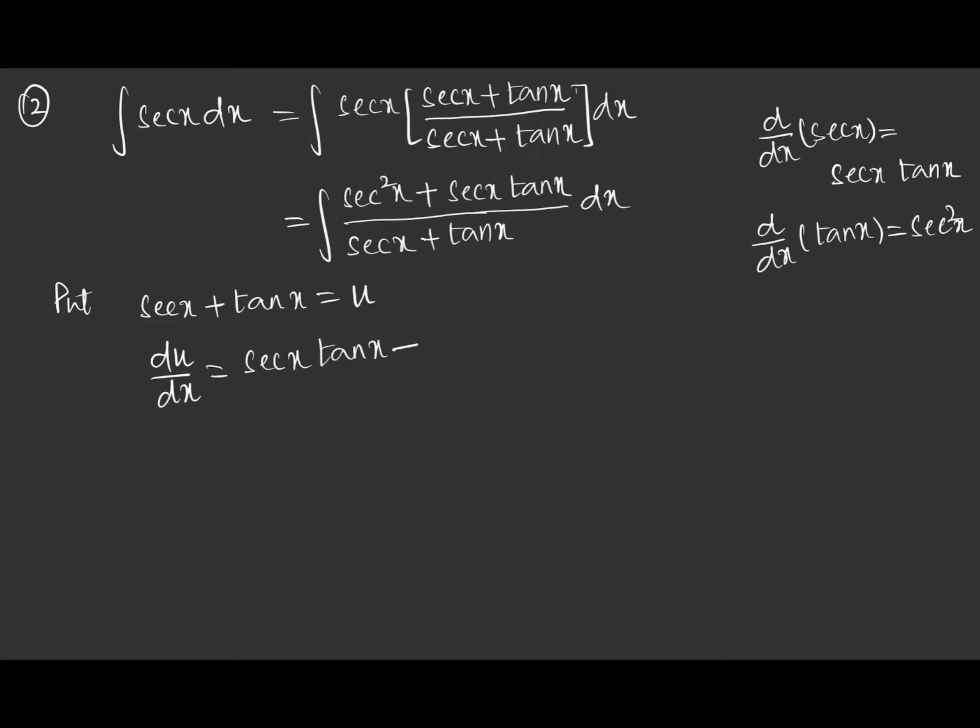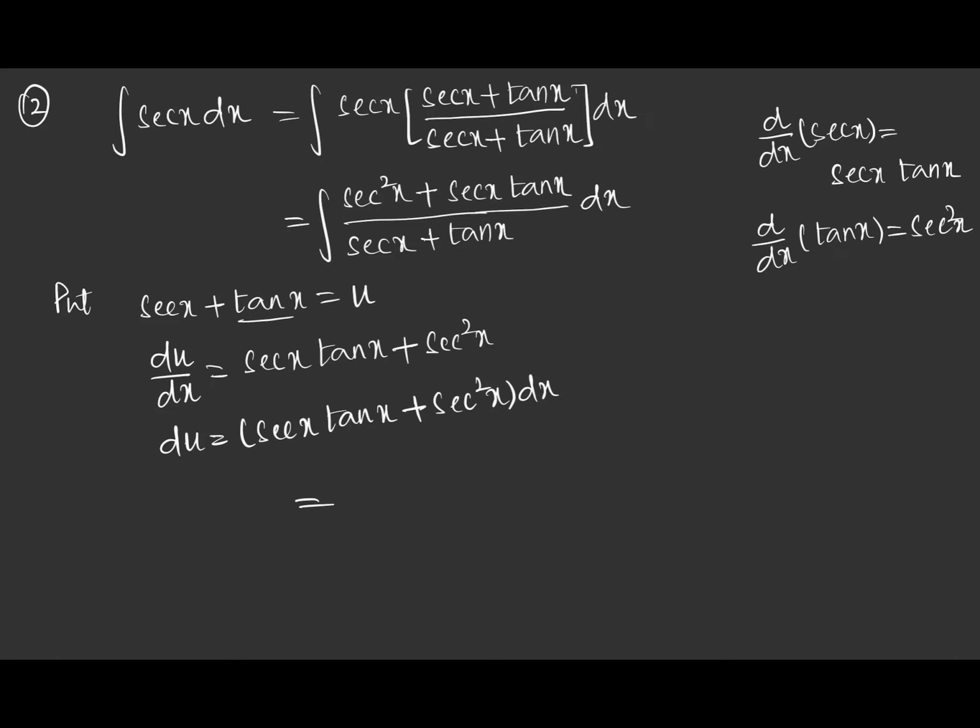On cross multiplying, du is equal to secant x into tan x plus secant square x into dx.